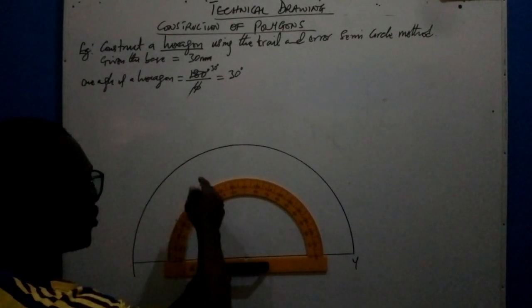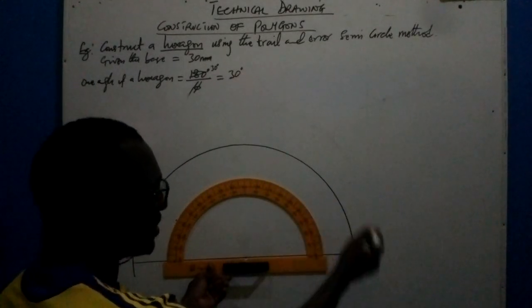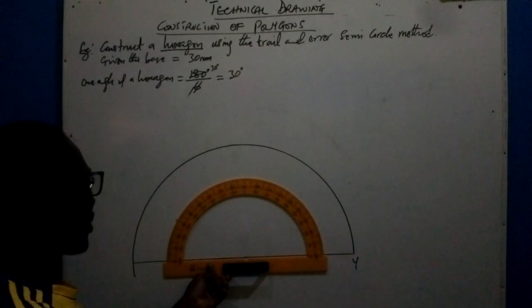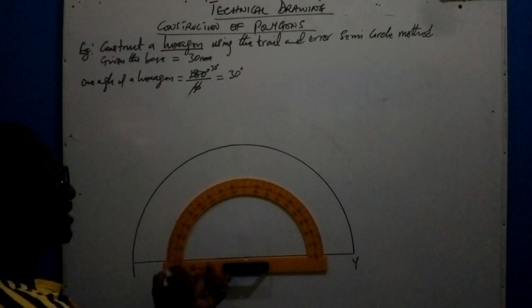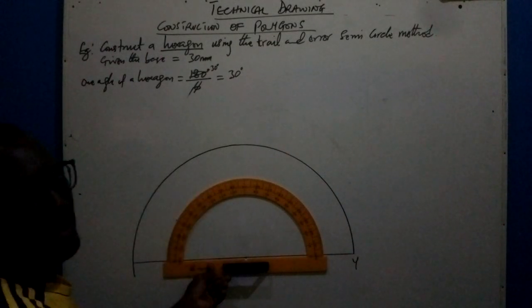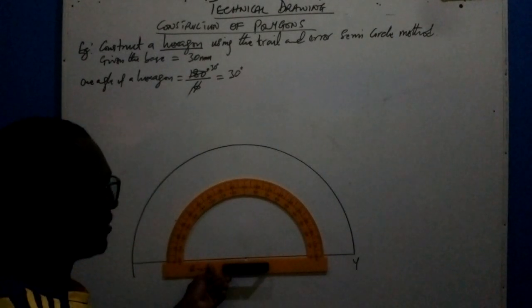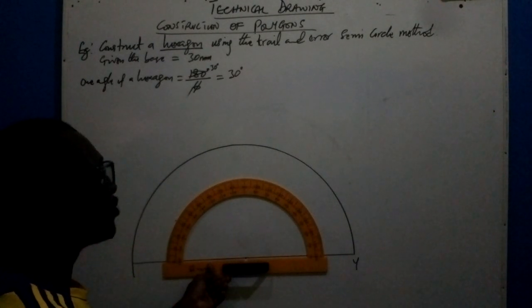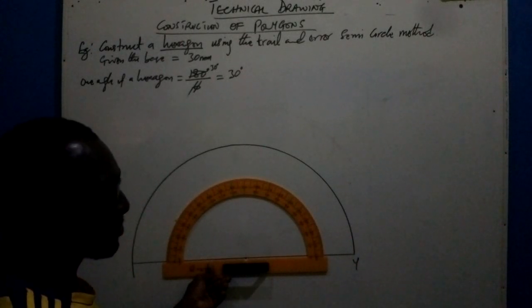After 30, it goes 60, 90, 120, 150, it ends. Someone can also choose marking only one. Then after that, you pick the one, then you mark it on the semicircle. Anyhow you go about it, you still arrive at the same point.